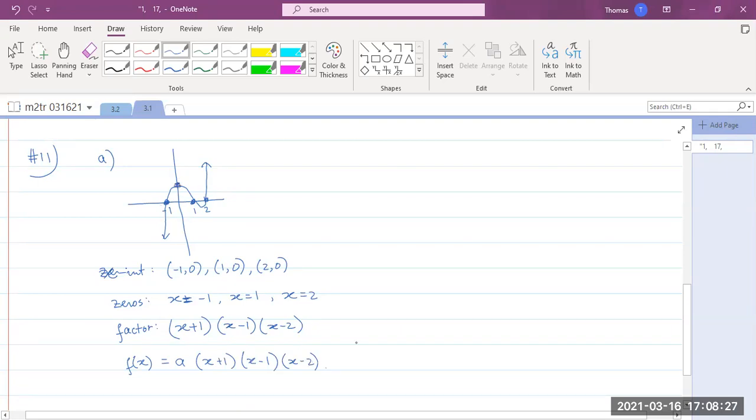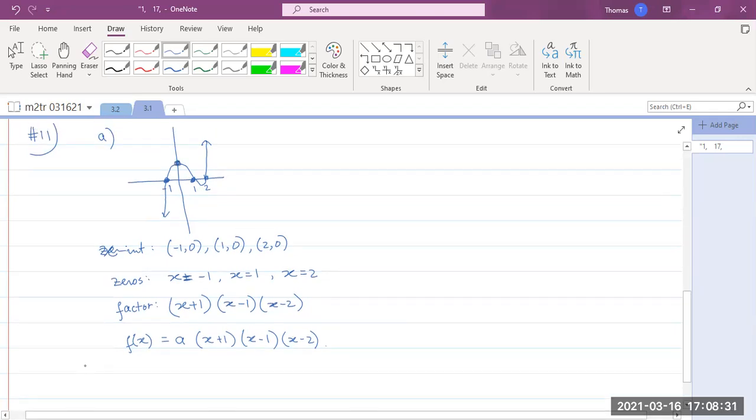Now notice that the y-intercept is (0, 2), which means when x equals 0, the y is 2.